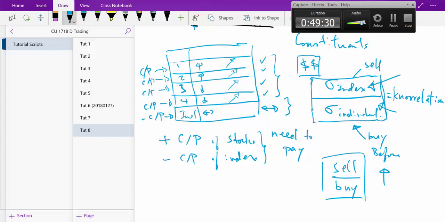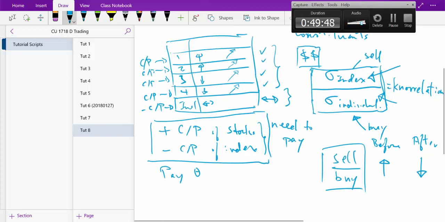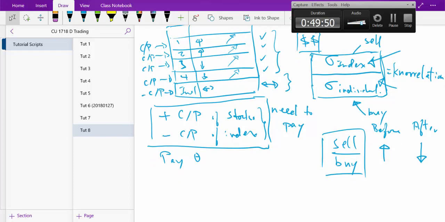But after you've done the trade, you want the opposite to happen. So when you are doing a trade in this direction, you are paying theta and, in summary, you are short the null relation.